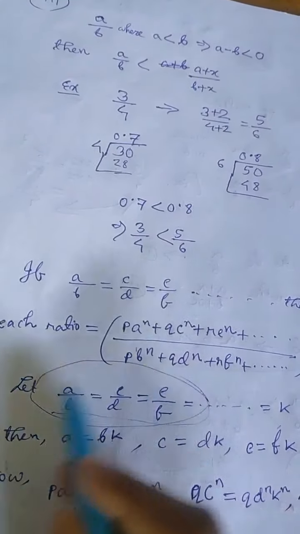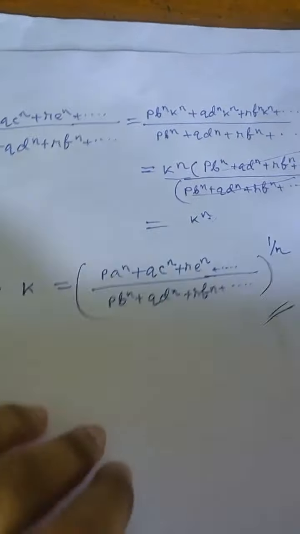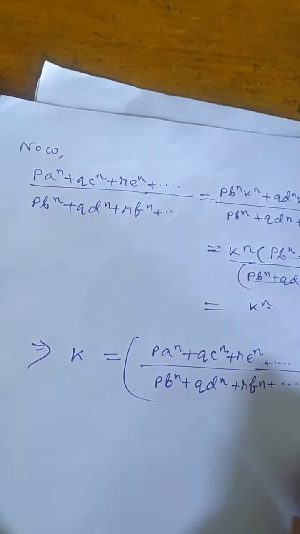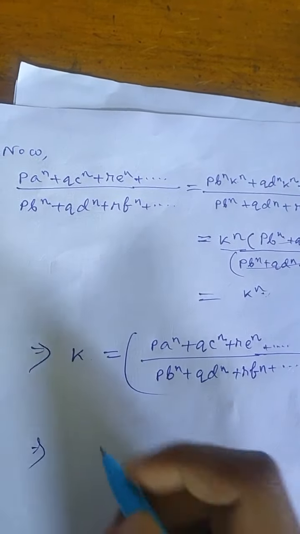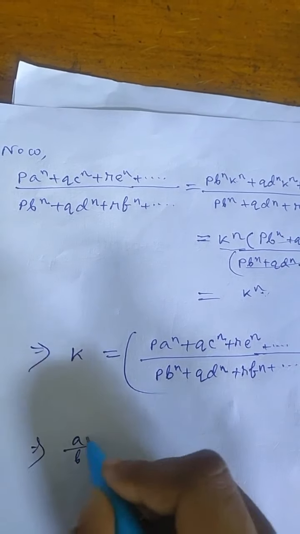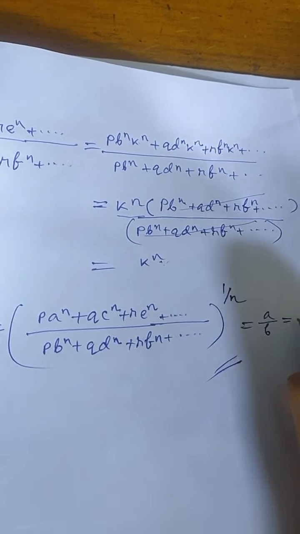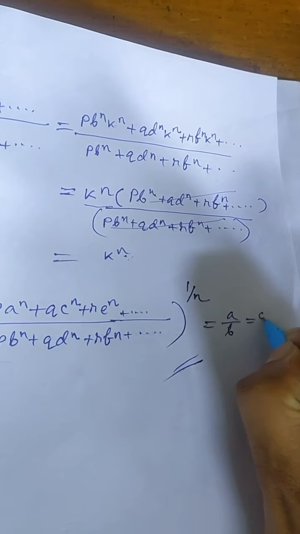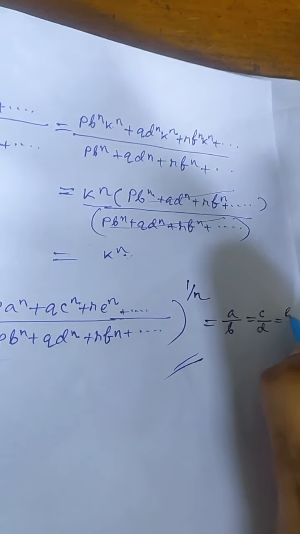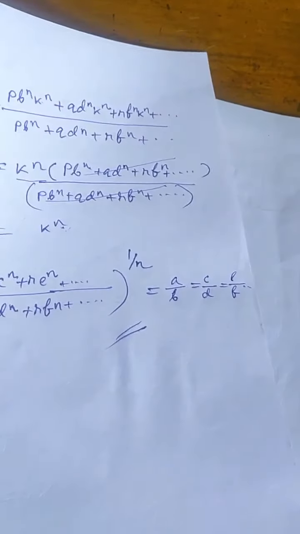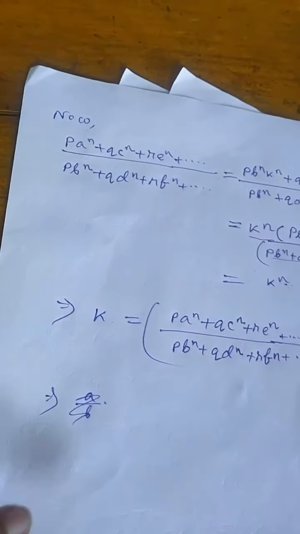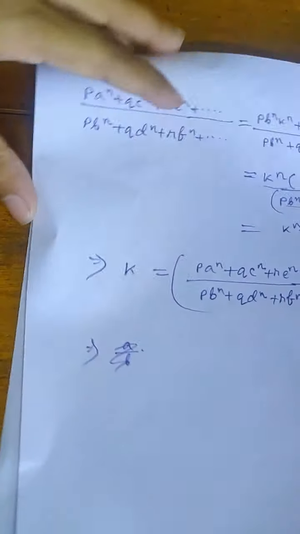So if k is equal to this one, what did we get? k is equal to this, so we can say it implies a by b equals c by d equals e by f. We got it like this.